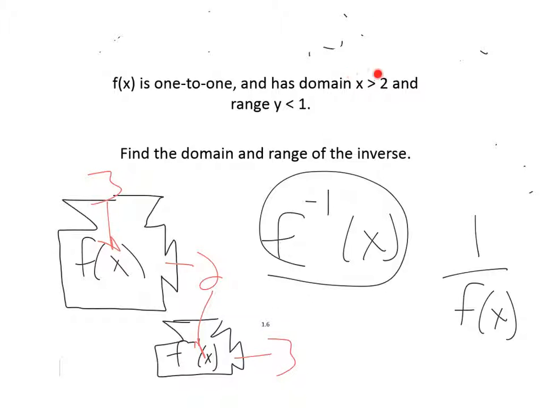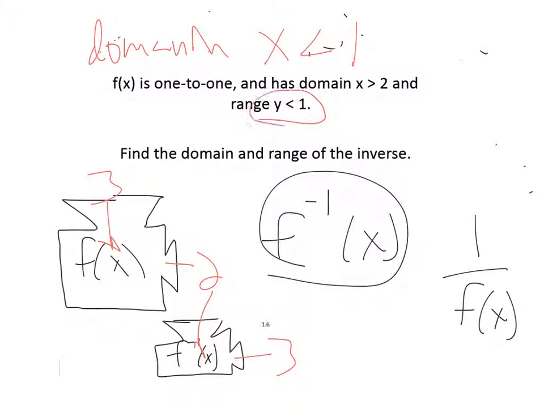So if I'm looking at this, I've got a function that's 1 to 1, so that means it's going to have an inverse, and we'll talk about that in a minute. And it has a domain that's x is greater than 2, and the range is y is less than 1. So if we're going to switch x and y, now I can say that the domain is going to be x is less than 1.